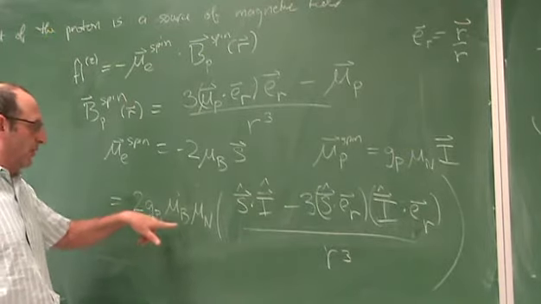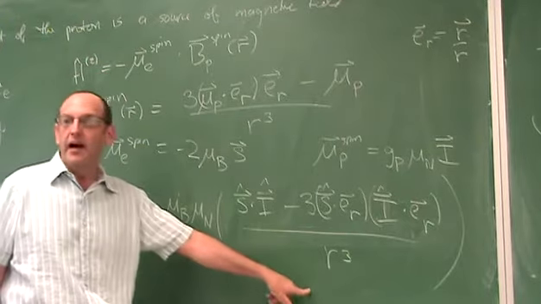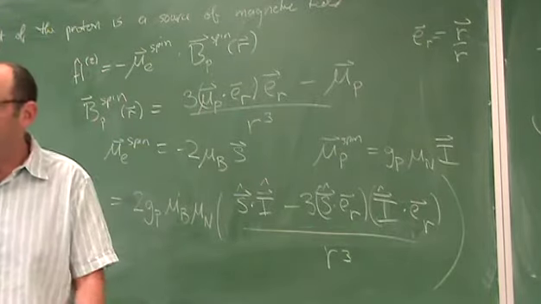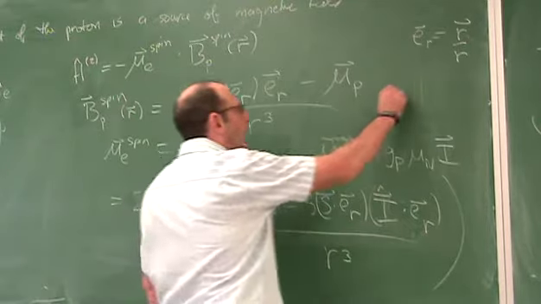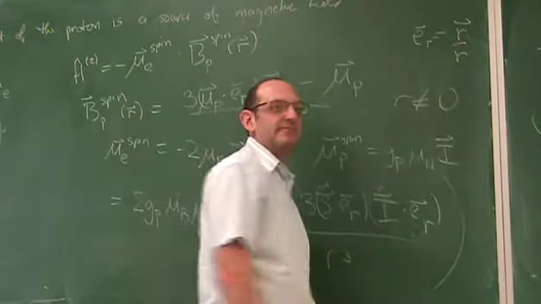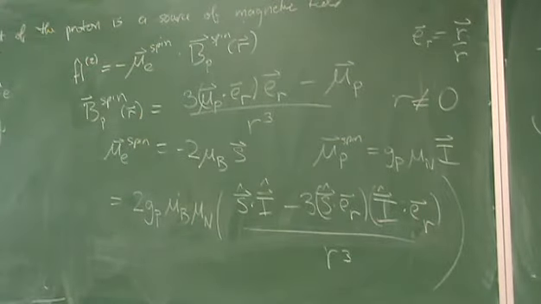It's of the order of the product of the Bohr and nuclear magnetons divided by the distance cubed. So it's the same scale of energy. Now, this is actually not exactly correct. This is only true for r not equal to 0. When r equals 0, something funky happens. I mean, this thing blows up in a weird way.